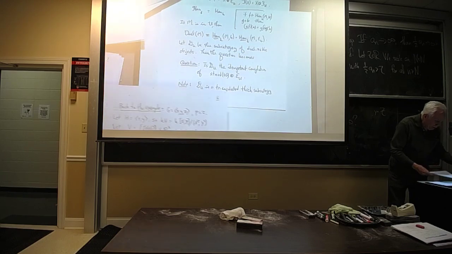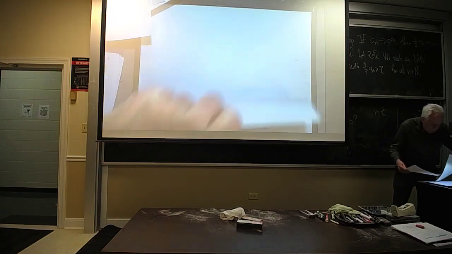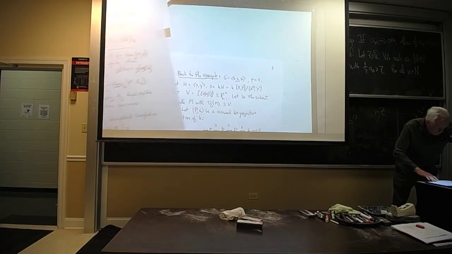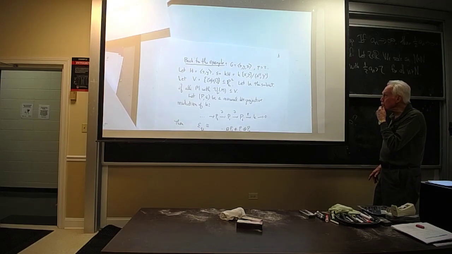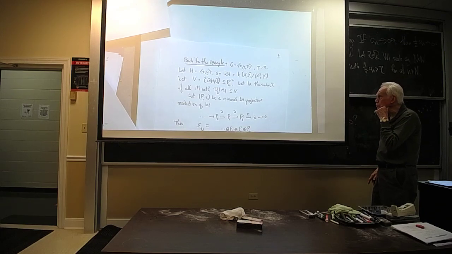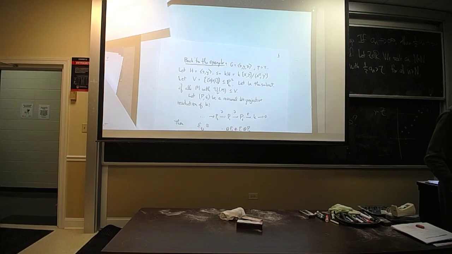Okay, so let's see, where are we? Okay, let's get back to the example. All right, so this is the example where we've got this elementary abelian group of order 8, and p equals 2. Now what I want to do here is say that we can make some progress because in certain cases we actually know what this E of U looks like.